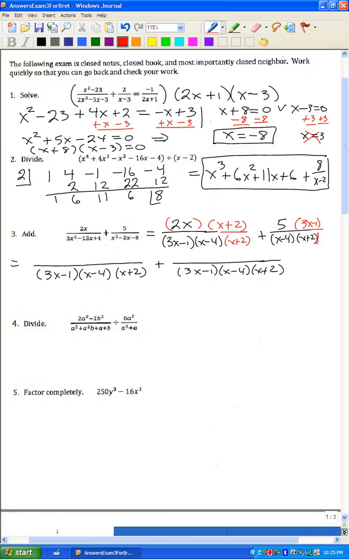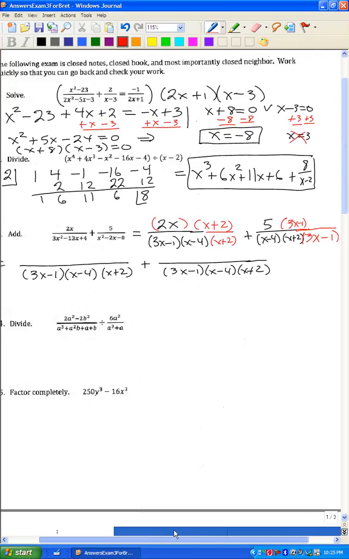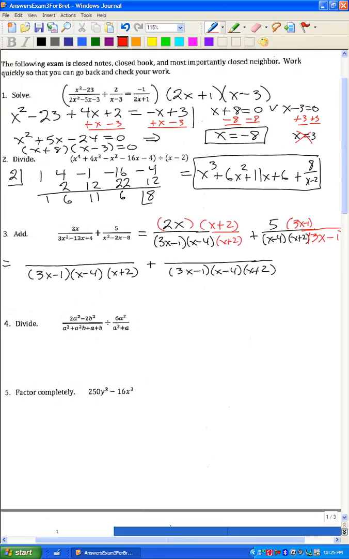That doesn't look that good. 3x minus 1. Okay, let's see. Oh, I can move this. Aha! Now I can do it. Okay, so this is equal to 3x minus 1. Okay, so now I can do that.